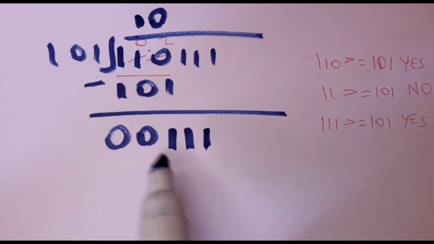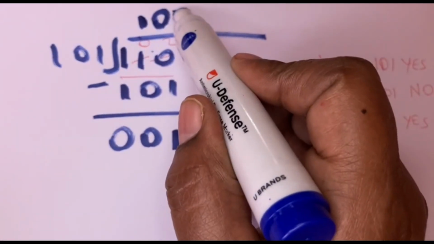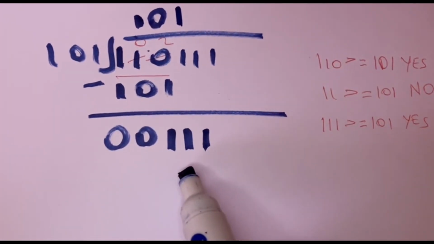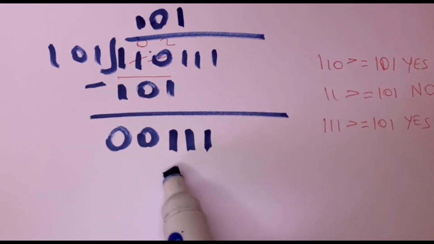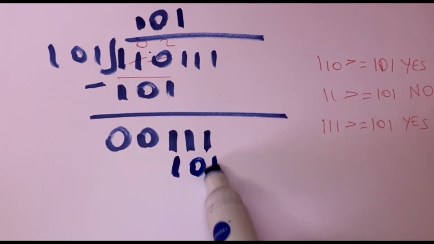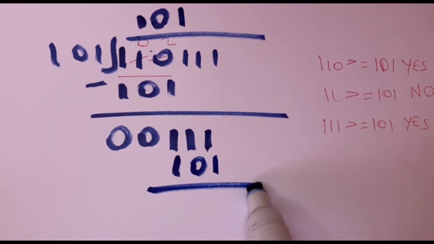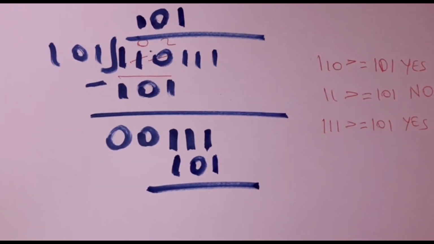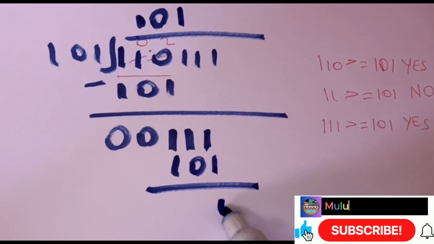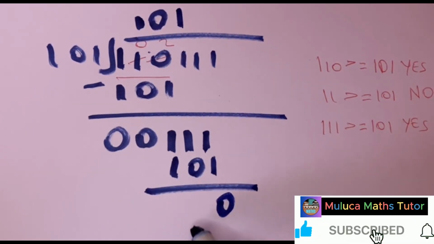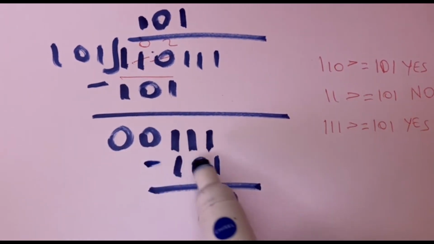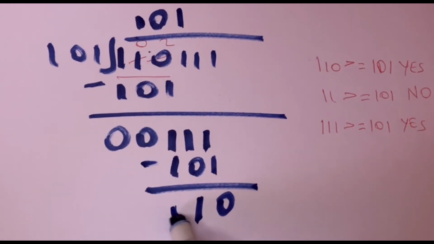divide 111 by 101. That is 1 times 101 is 101. Okay, 1 minus 1 is 0. 1 minus 0 is 1. 1 minus 1 is 0.